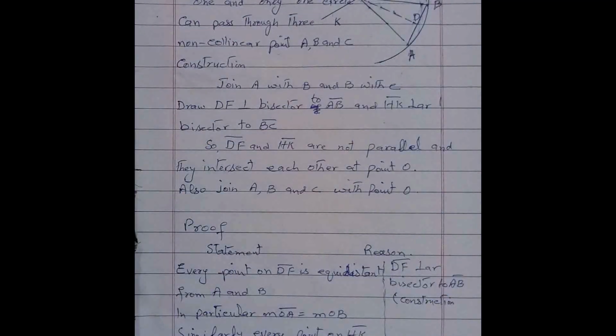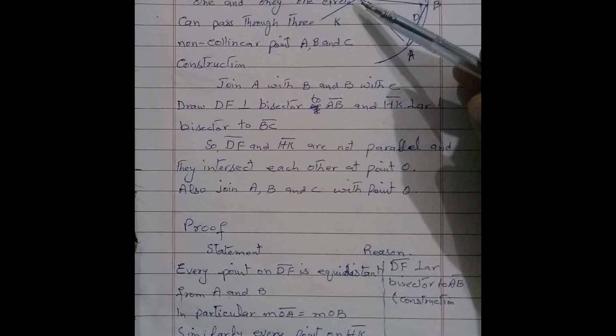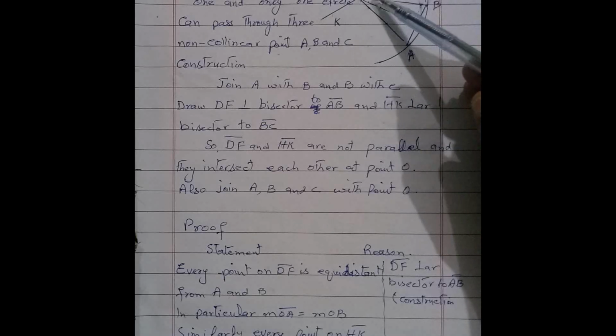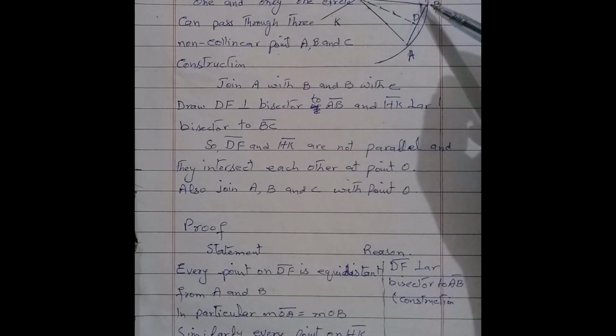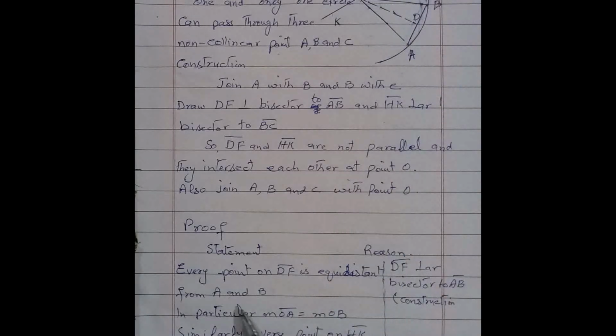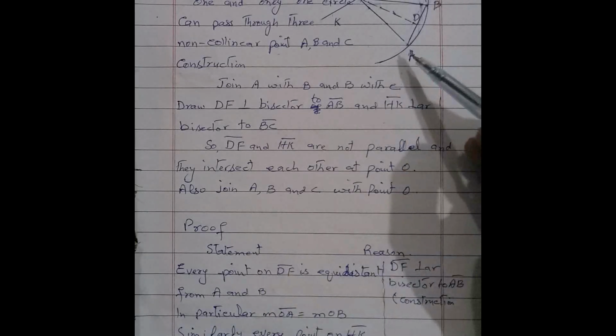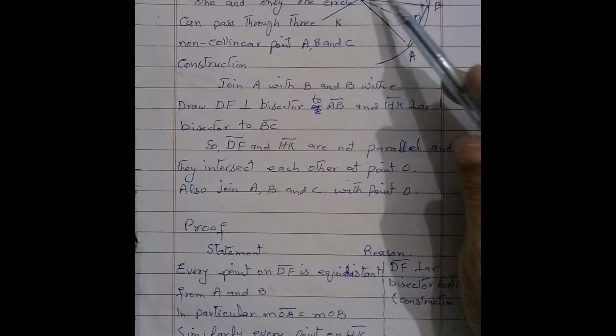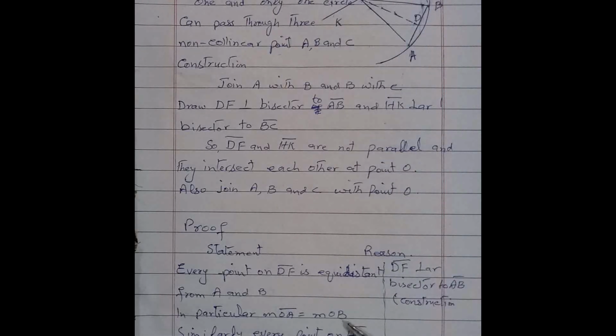And according to this theorem, 12.1.2, any point on DF is equally distant from A and B. In particular, measure of OA is equal to measure of OB.